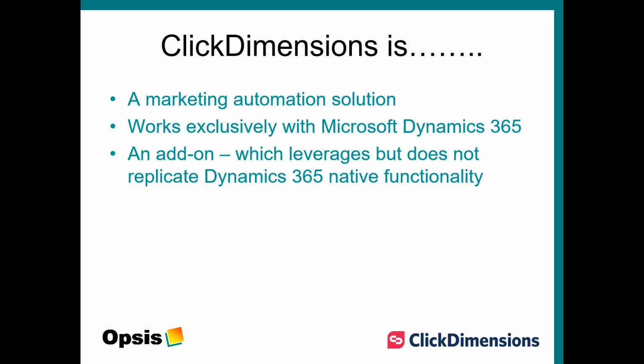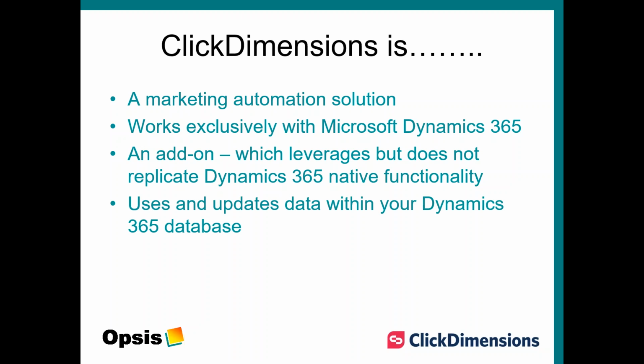What that allows it to do is to leverage Microsoft Dynamics 365 native functionality, but not replicate any of that functionality. Another very nice feature of ClickDimensions is that it uses and updates data within your Dynamics 365 database. So we are not creating information silos.